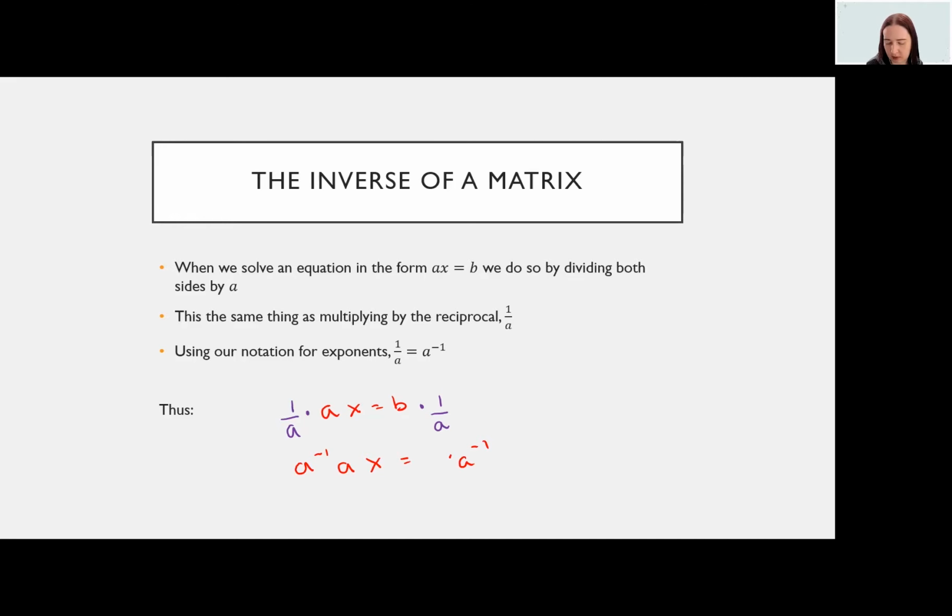And actually, I'm going to put the A to the negative 1 in the same order here. Now, the 1 over A times A just cancels out. So A to the negative 1 times A cancels out because if you add those exponents, it gets to 0, so it would just be a 1. So you just end up with X on the left. But on the right, we end up with this A to the negative 1 times B.